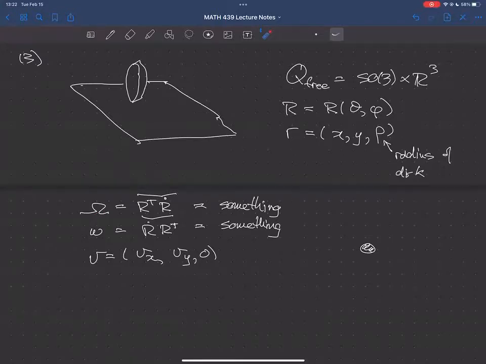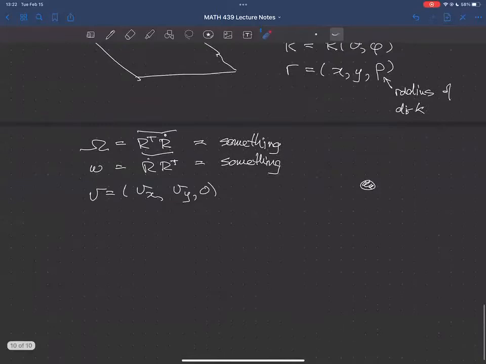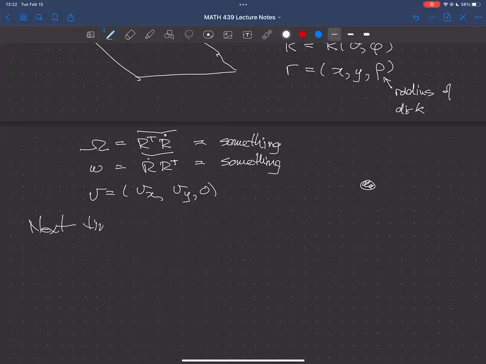What we will do next time is we're going to talk about kinetic energy. Okay, because it turns out that kinetic energy is an important ingredient in writing down equations of motion for these kinds of systems. Okay, so that's next time.